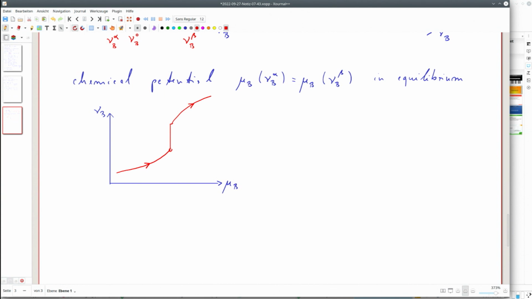There's one small complication. That's why I put these arrows here. You can start from 0 B concentration or from a small B concentration and then slightly increase the chemical potential of the B atoms. Yeah? Then you follow this line here, it jumps here, or you can start from the other side. Then you get a curve like this, and it jumps a bit later.